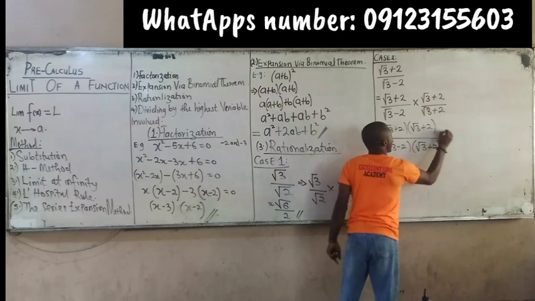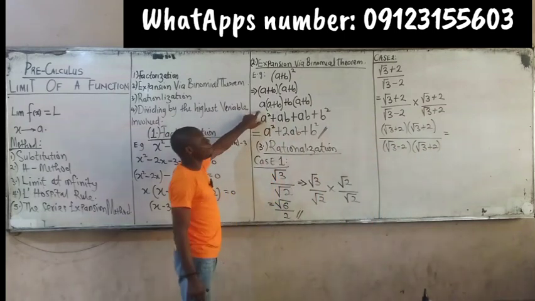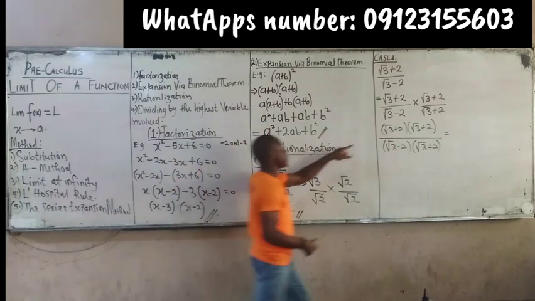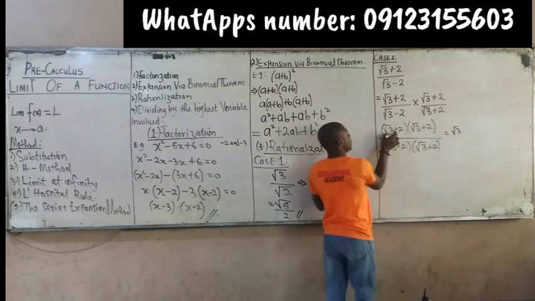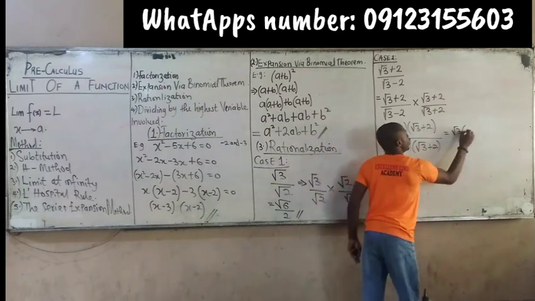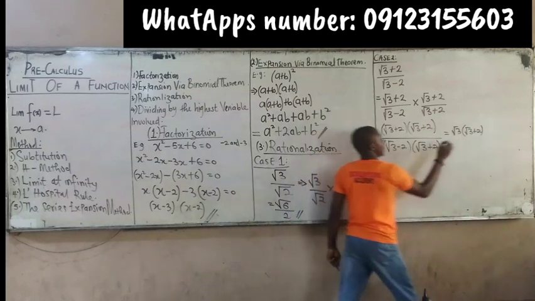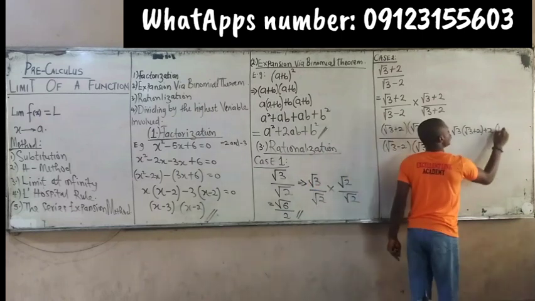I will expand this using the natural concept, you can say it's entry tutorial. The first term here, root 3, into root 3 plus 2. Second term, plus 2 into root 3 plus 2.